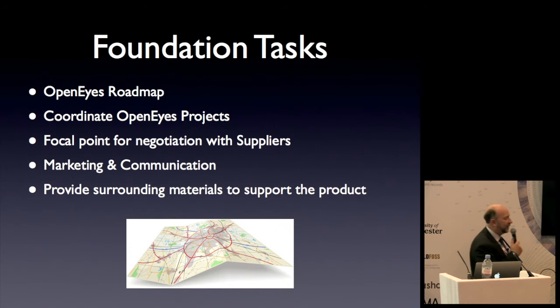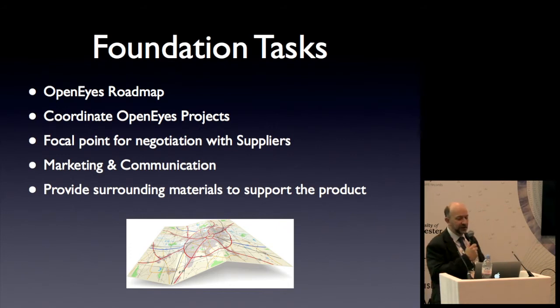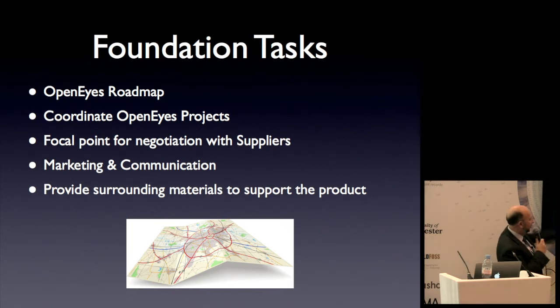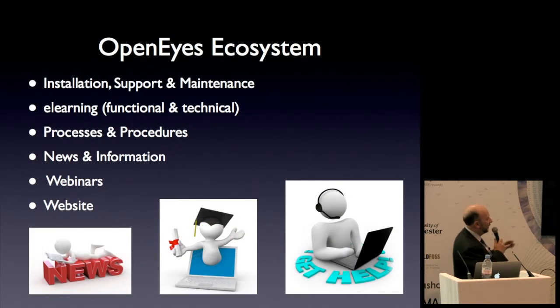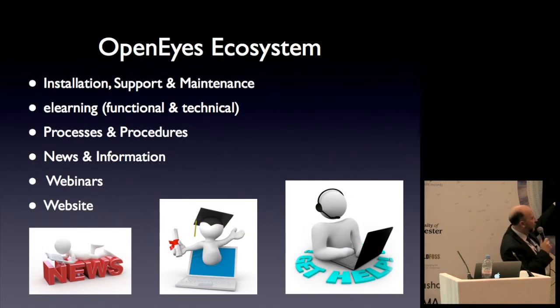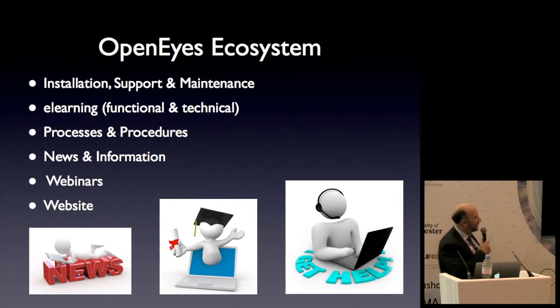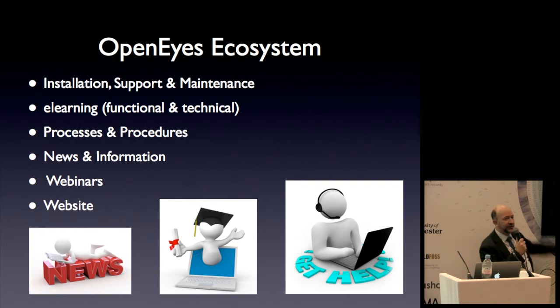We'll also make sure that OpenEyes is there, communicated, and able to be used by lots of different people, from marketing, etc., and provide a lot of supporting material for people to use it. And then finally, the ecosystem, all the things I've been talking about, from installing it, supporting it, maintaining it, to providing processes and procedures.